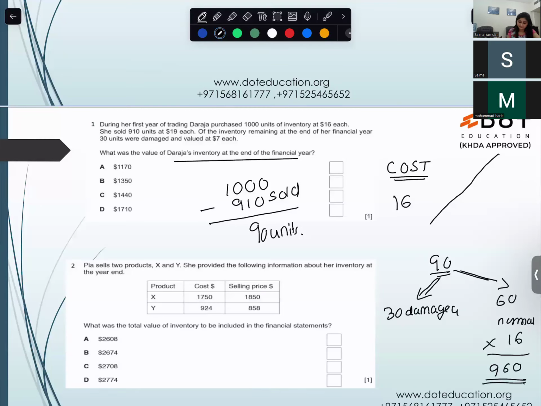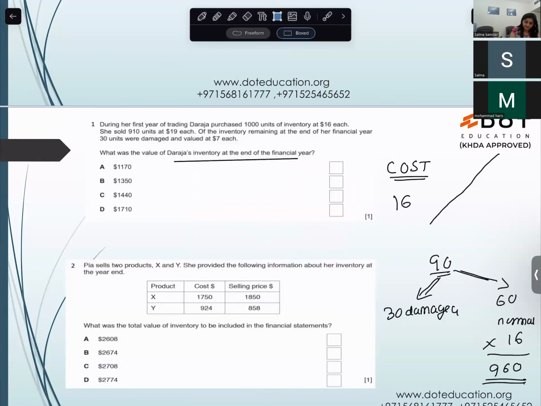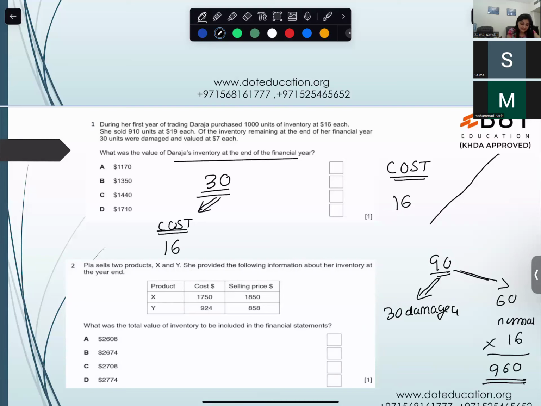Are you with me? Yeah. Now we have to do the valuation of these 30 units, which is damaged. The cost of these 30 units is how much? 16. NRV is how much? 7. So these 30 units will be valued at how much? 7.